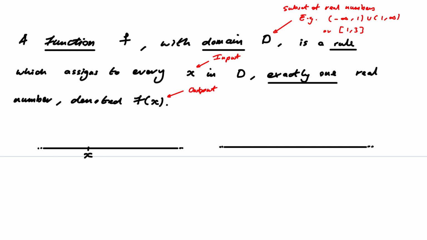So these are all allowable inputs. The visualization is exactly as we had before. I think about the information of the function as being like a machine which sends x over to, I'll write f of x here.